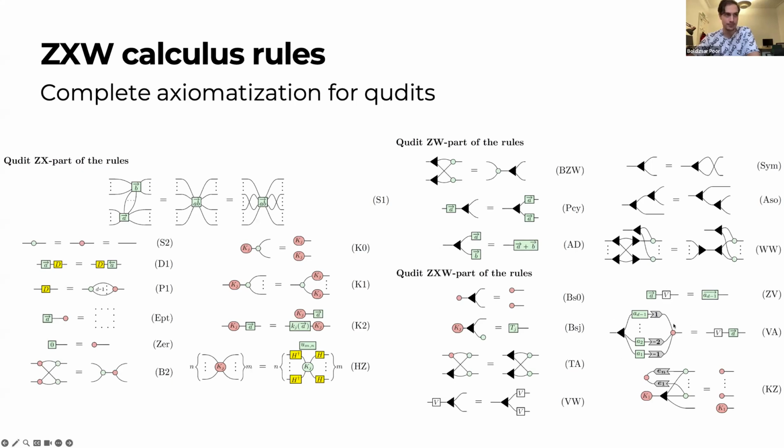So this has actually the same kind of complexity, but no, here we are just saying that if you have this many wires with these specific phases, then they can be merged into a single Z node.